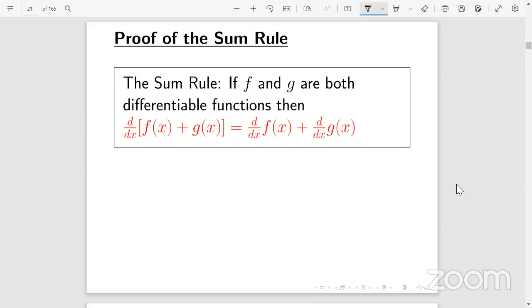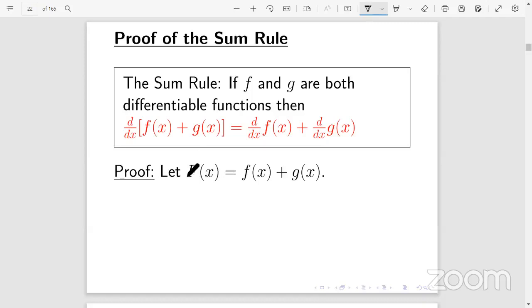We spoke about the sum rule. So maybe just to go through a quick proof, I want to prove that the derivative of the sum of the functions is the same thing as the sum of the derivatives of those functions. So basically, let's call this f plus g a capital F function.